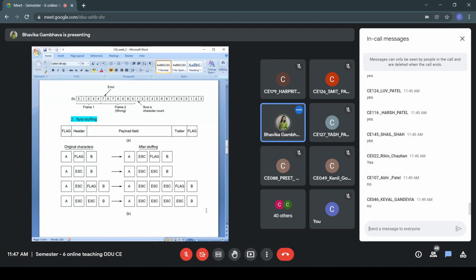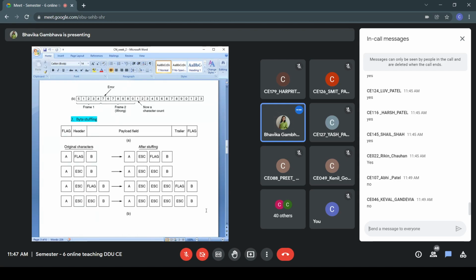I've asked a question: the method which you understood, can you see any problem with that, or do you think it will work for all types of situations?